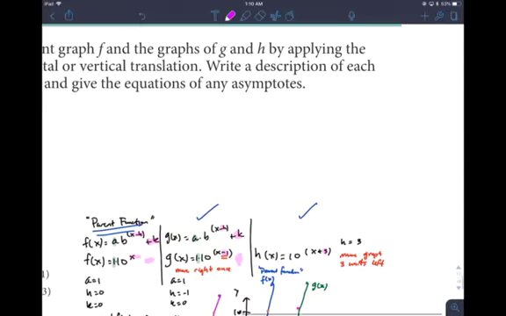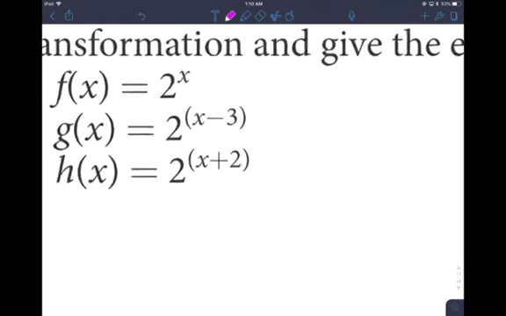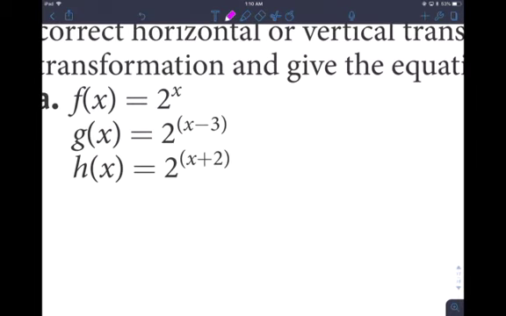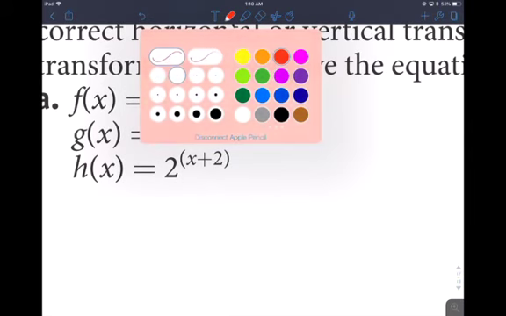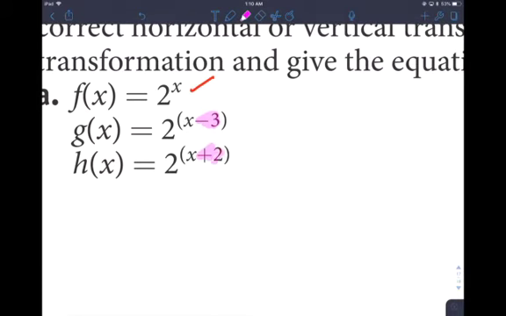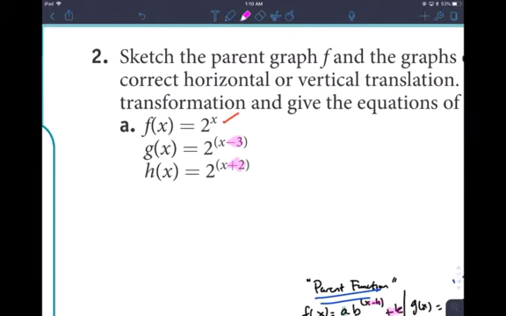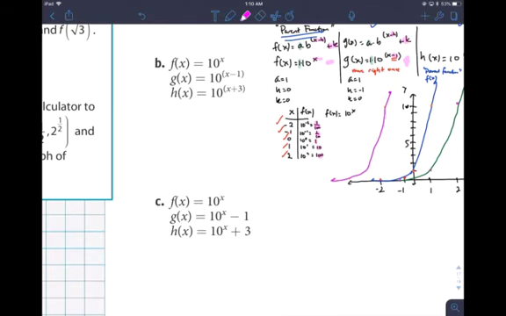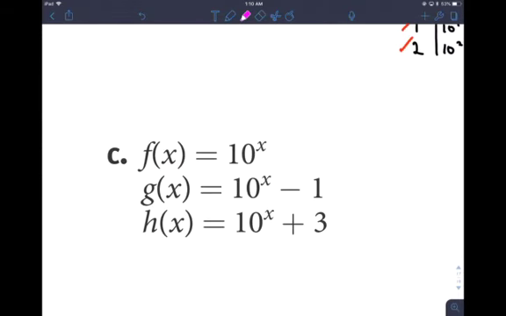If you look at this example A, start by sketching this graph, and then based on that, recognize what this is telling you to do. Once you have the parent function, recognize what this is telling you to do. So my approach would be: graph this one first.